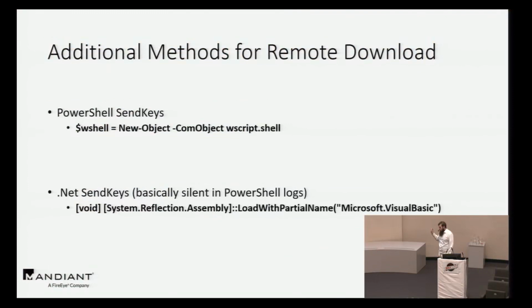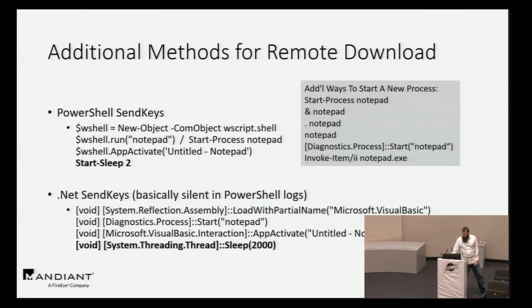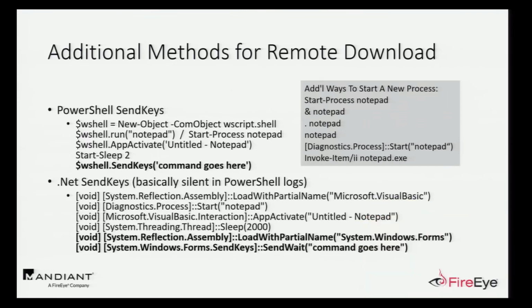As with anything in PowerShell, typically when PowerShell makes it easier to do something, it also provides better visibility to us as defenders. So in the SendKeys example, every step with PowerShell, you could do just calling .NET directly. And when you do that, if you'll notice this little [void] at the beginning, if you can accomplish your task with that void at the beginning, or with, say, piping to Out-Null, there are reasons you may not want to do that if you're trying to stay quiet, but it's an option, or just setting a variable before whatever you're calling, it actually doesn't even show up in the PowerShell logs.